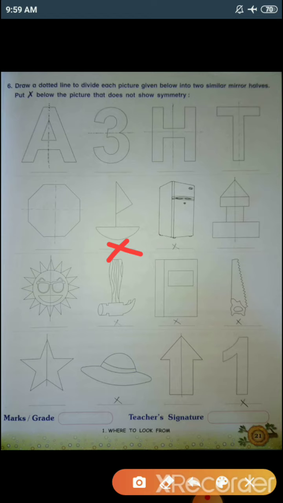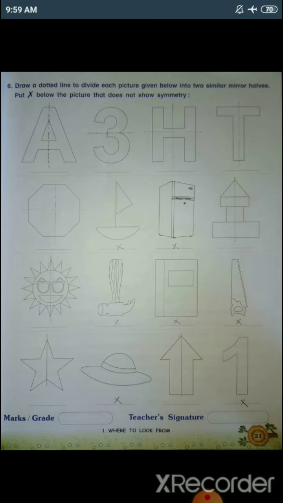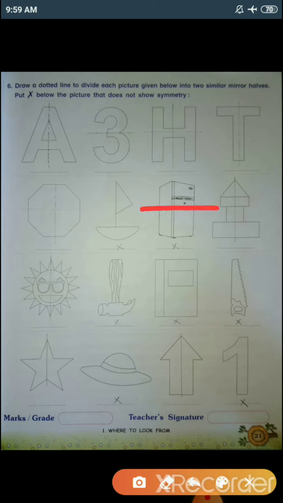Same as one refrigerator is given here. If we divide it vertically, then the shape does not show symmetry. If we draw a horizontal line, then too these two shapes are not divided equally. So we can conclude that this shape also does not show symmetry.